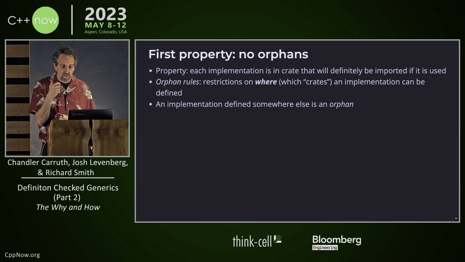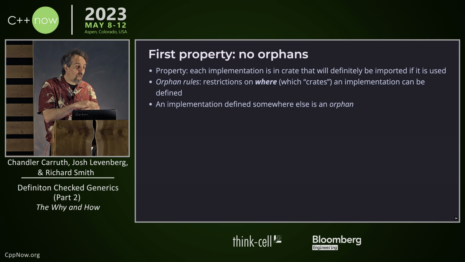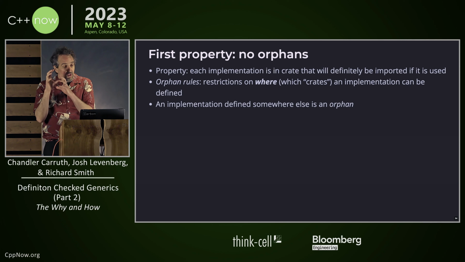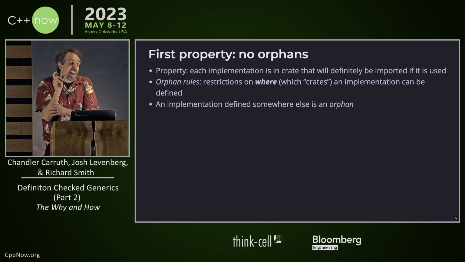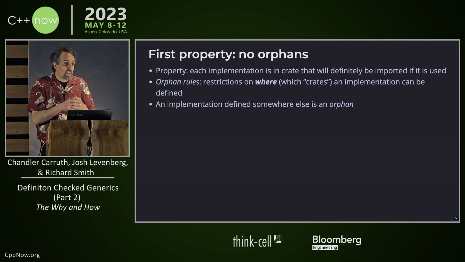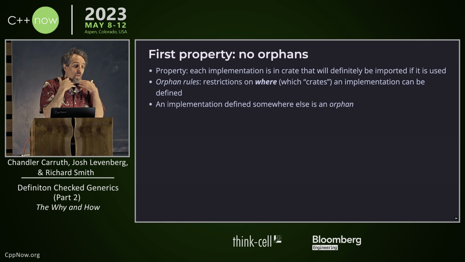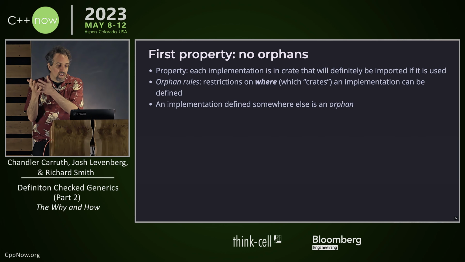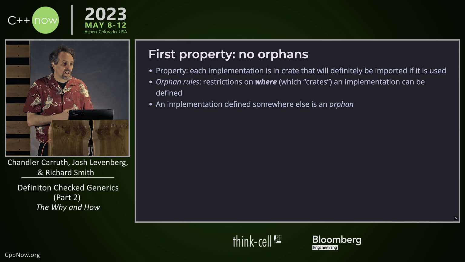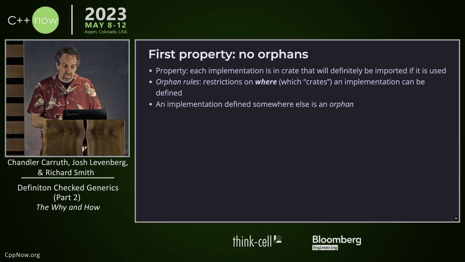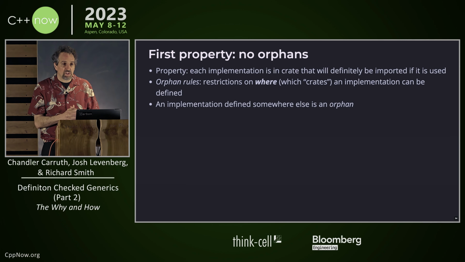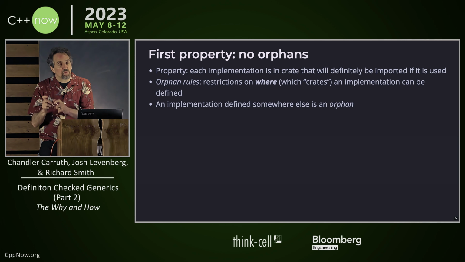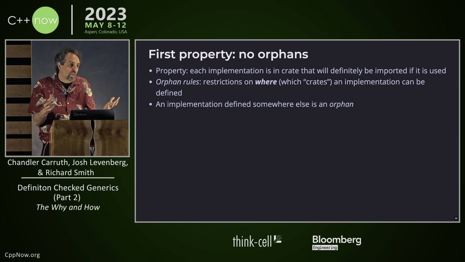This is like avoiding the retroactive conformance problem, because you want to be absolutely sure that if you can use an implementation, the implementation will be found in a dependency you're guaranteed to be importing. So there's a restriction on where implementations can be defined. If you define an implementation anywhere else, it's called an orphan, and that's an error.